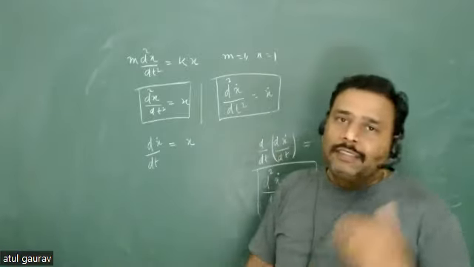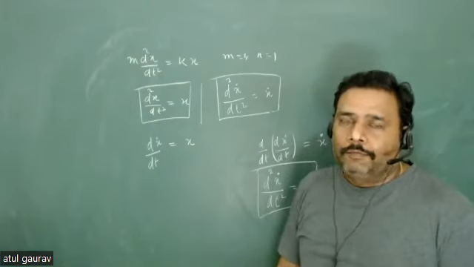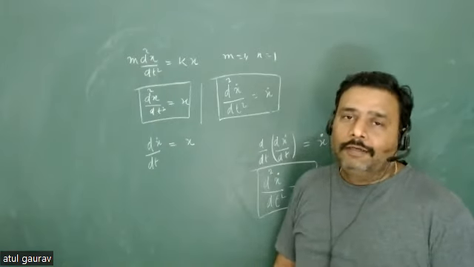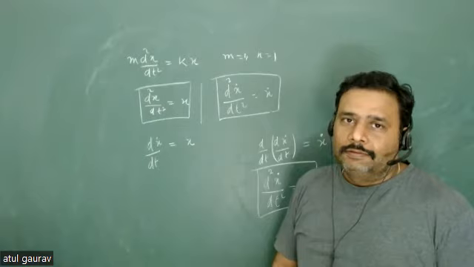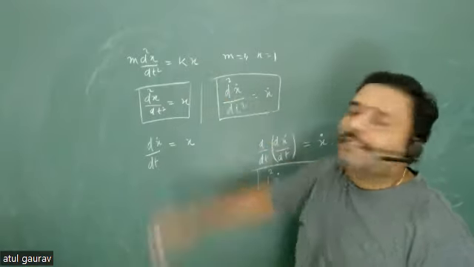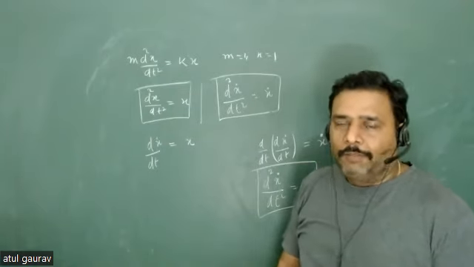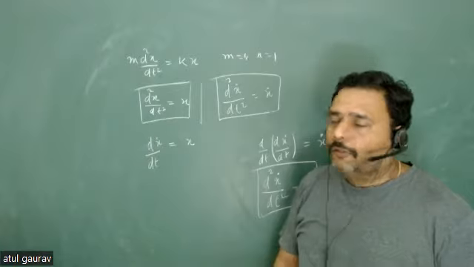No, not in any other system. This symmetry is only for linear force. This type of force is basically harmonic force, restoring force. We will talk about this. So don't worry.